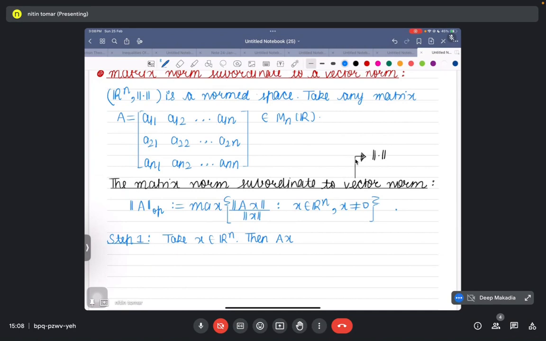Will it be in Rn? Yes, it will be n cross 1 matrix. So basically an element in Rn.